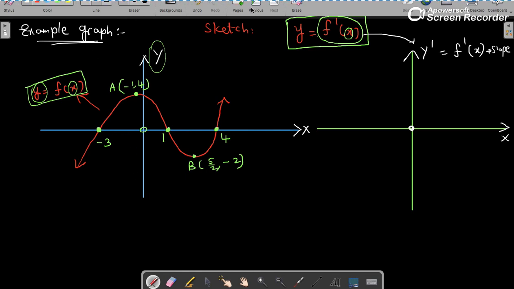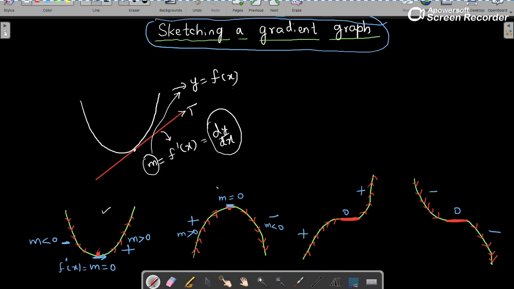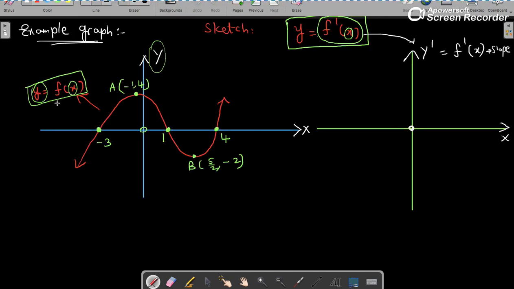Now revisiting the previous concept of these 4 cases, with minus plus, plus minus, plus plus, and minus minus, with increasing and decreasing. Let's try to connect that to this problem. The graph is first increasing up to here, and then halting, and then decreasing down till it reaches 5/2 or 2.5, and then it halts again, pauses, and then increases.